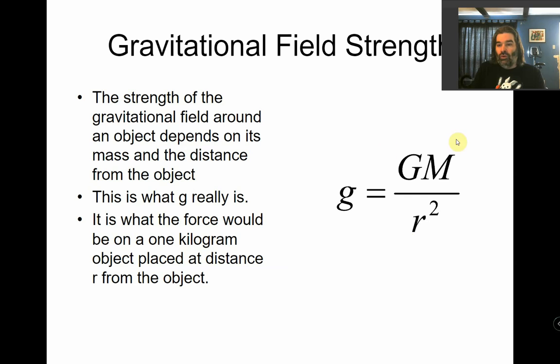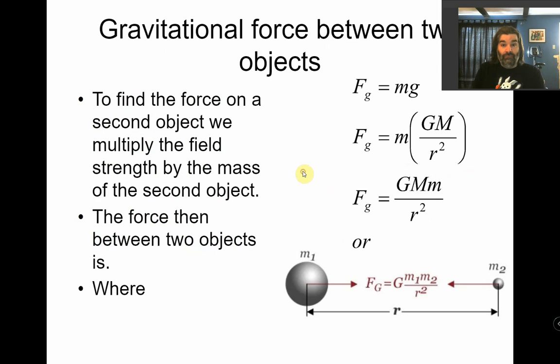So if I know what my acceleration is, remember that's also your gravitational acceleration, now we can find the acceleration of any object at any distance just using that gravitational field. We can find the force by just multiplying that gravitational field by the mass of the object. So that's actually what the force is, right?